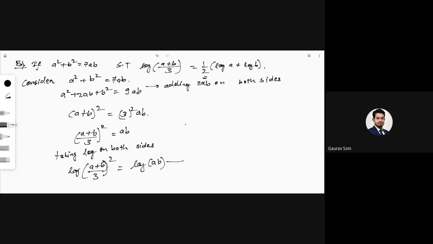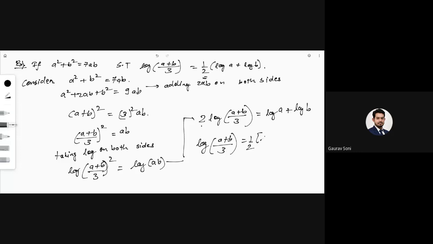I will use the log of m raised to n property. By that, this 2 will come here: log of (a plus b)/3, which is equal to... now log of a into b is nothing but log of a plus log of b. Now take this 2 on the other side: log of (a plus b)/3 is equal to 1 by 2 (log of a plus log of b).